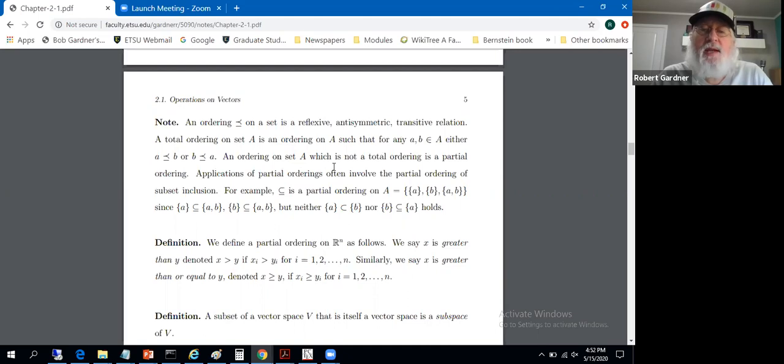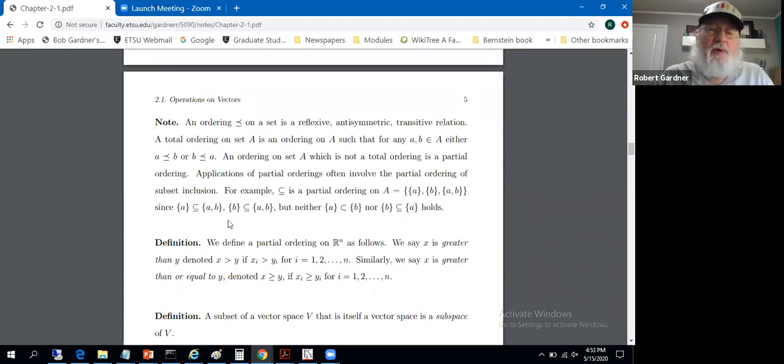An ordering on set A which is not a total ordering is called a partial ordering. A result from set theory says every set can be partially ordered. We don't want to dig too deep into set theory. I don't like this stuff, but orderings will pop up in passing.